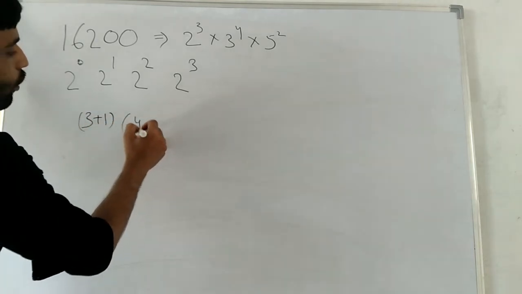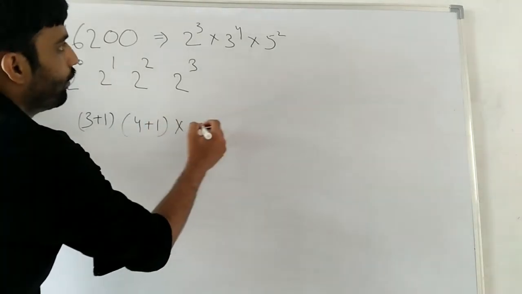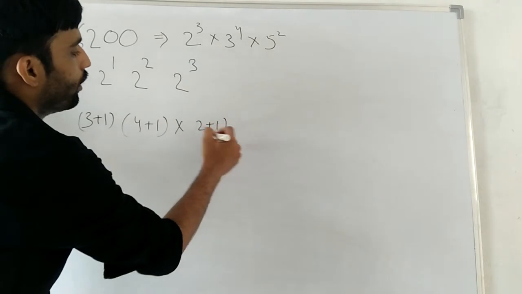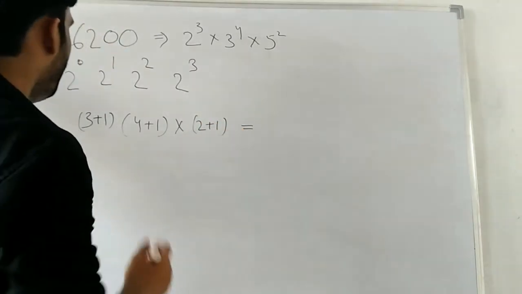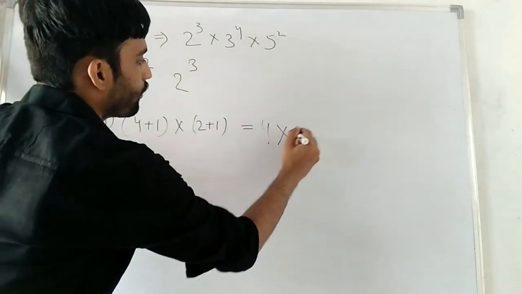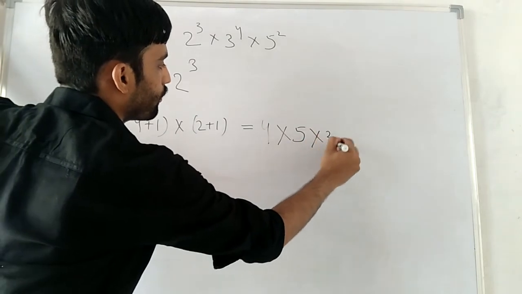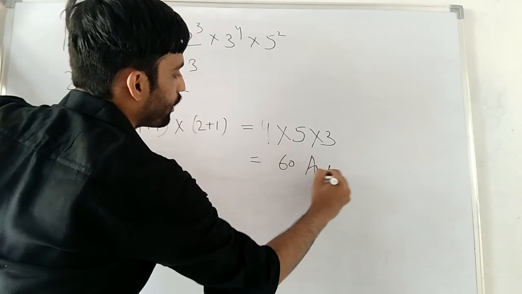We have 4 plus 1 divisors due to 3 to power 4. And we have 2 plus 1 divisors due to 5 to power 2. So the number of divisors will be 4 into 5 into 3. We have 60 divisors.